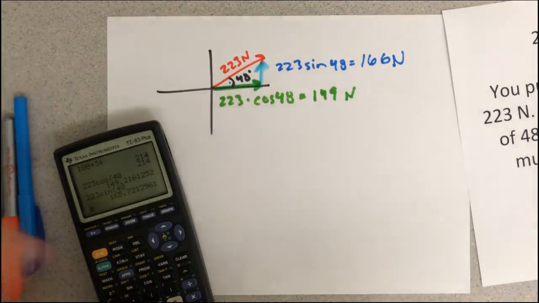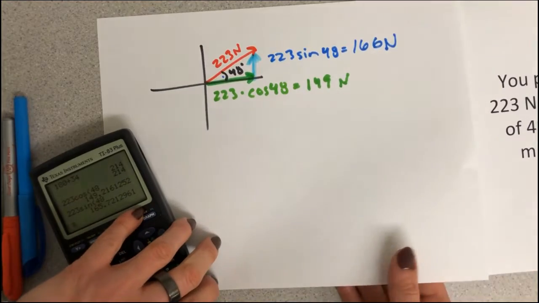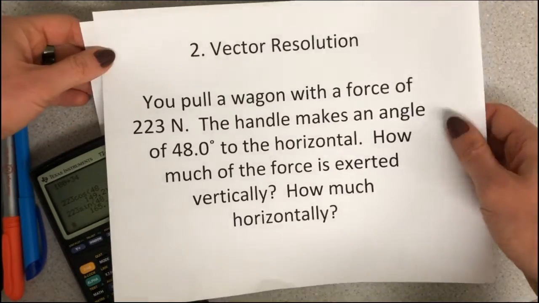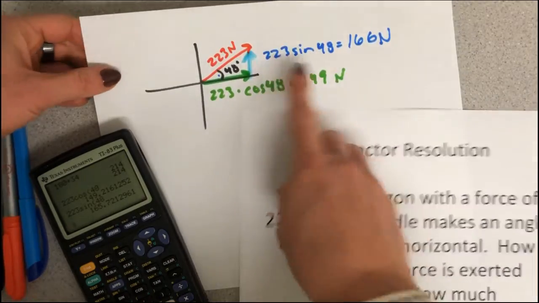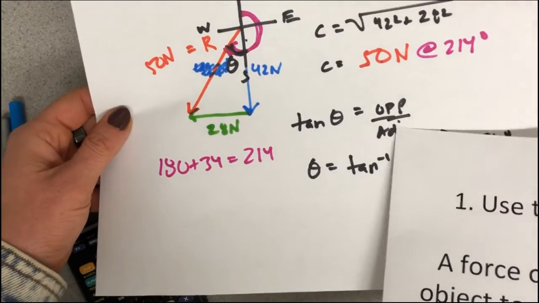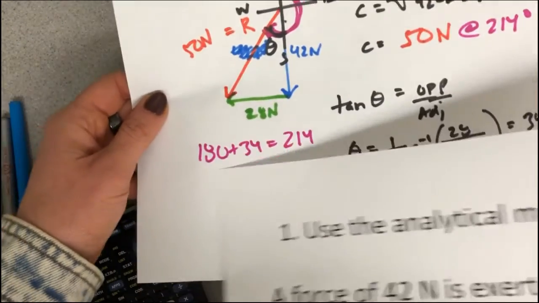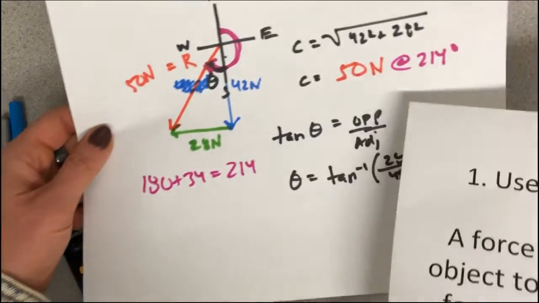Okay, great. Awesome. Moving right along here. And that was for this one here, vector resolution. So vector resolution, we use the sine and the cosine to figure out the parts. For the analytical method, we used Pythagorean theorem and then the inverse tangent, and then we had to resolve it, by adding, when I say resolve, I mean this part right here in order to get that 214.